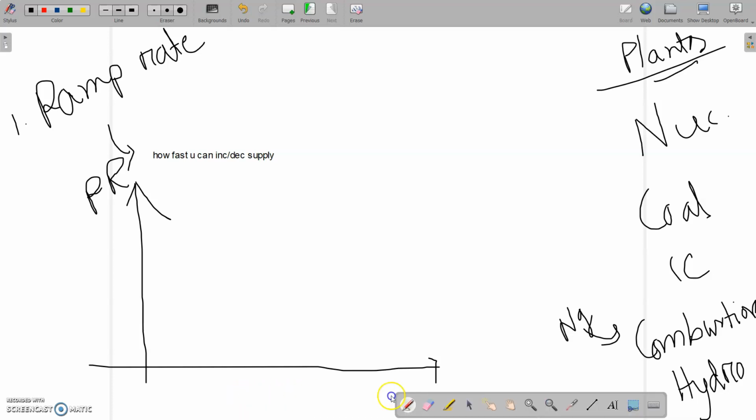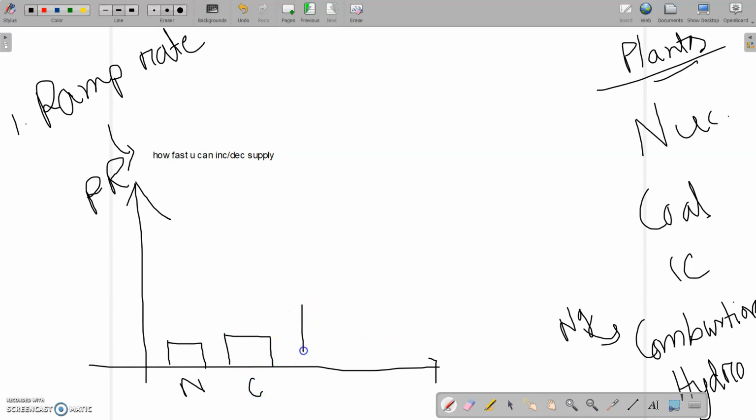So if I draw a bar plot, for the nuclear plant, this is N, it is very small. For the coal based plant, it is also very small. For combined cycle, it is a bit higher, and for the combustion engine, it is very high.